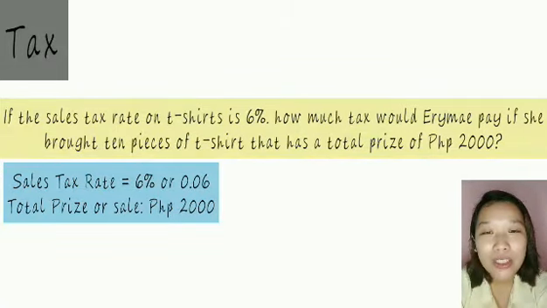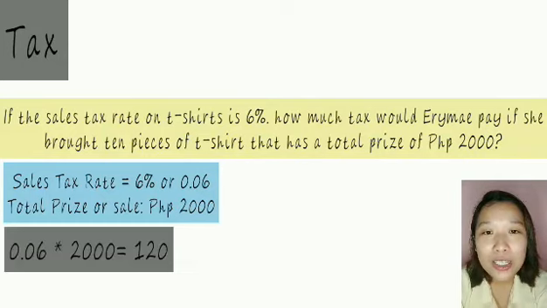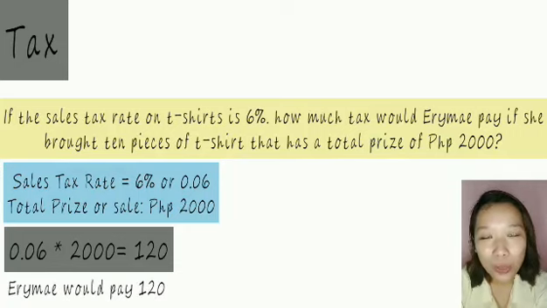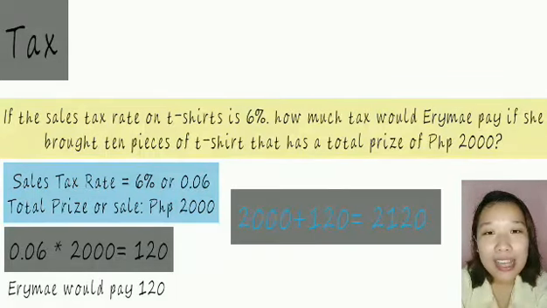Then we multiply it by the total price, 2,000. So 0.06 times 2,000 equals 120. So May would pay 120 in tax. 2,000 plus 120 equals 2,120. So the 2,120 is the total that May will pay.